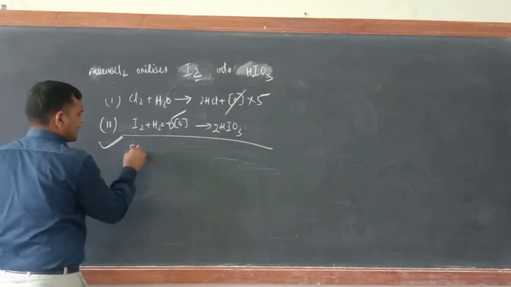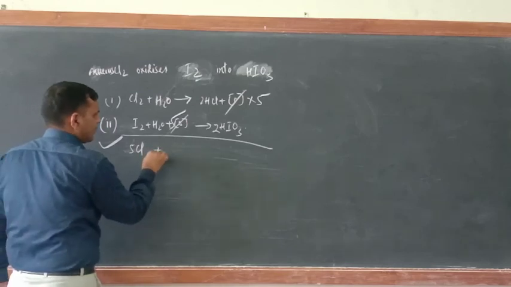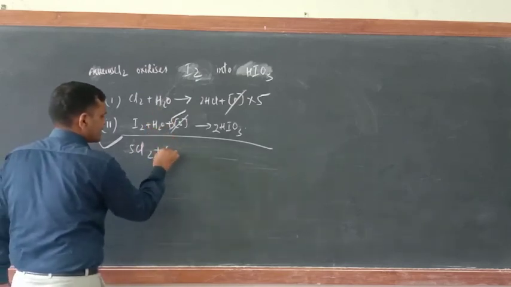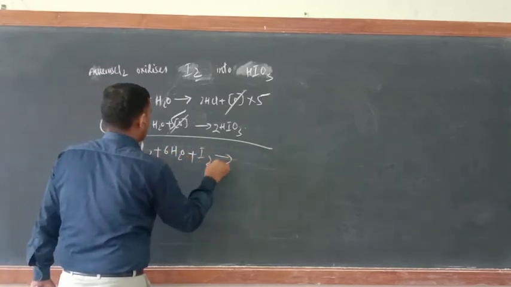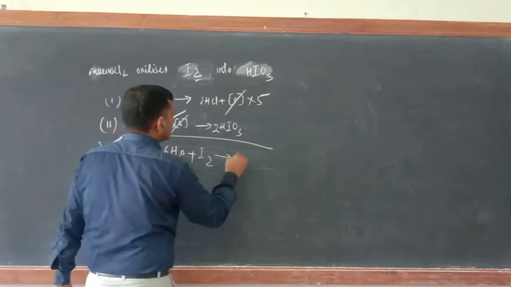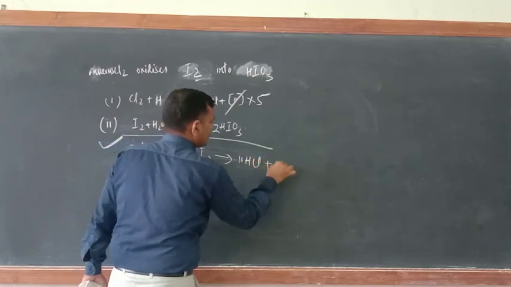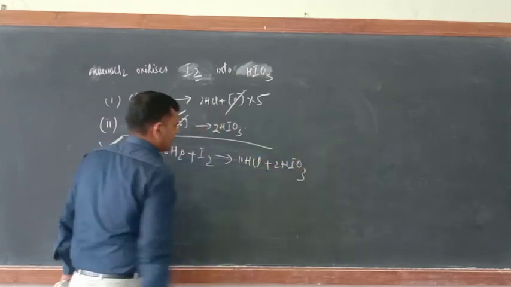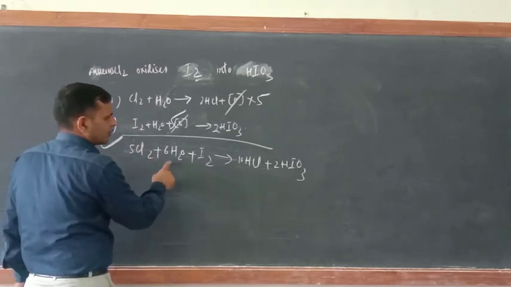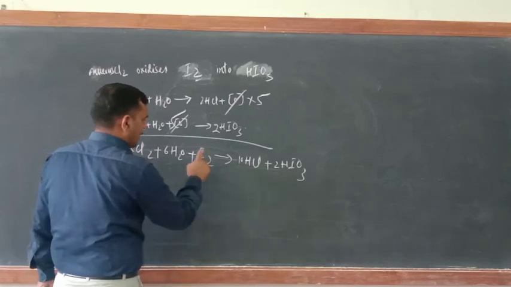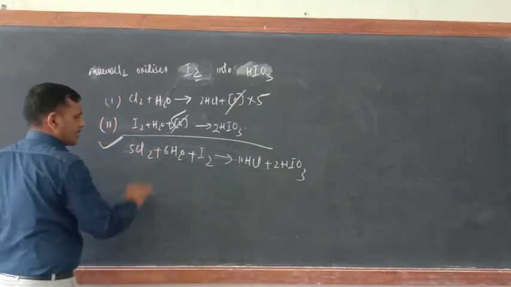Just see, 5Cl2, this 5O will be cancelled out. 5Cl2 plus 6H2O plus I2 is equal to 10HCl plus 2HIO3. Now check whether everything is balanced or not. 10 chlorine is there, 12 hydrogen is there, 2 iodine is there, and total number of oxygen is 6.